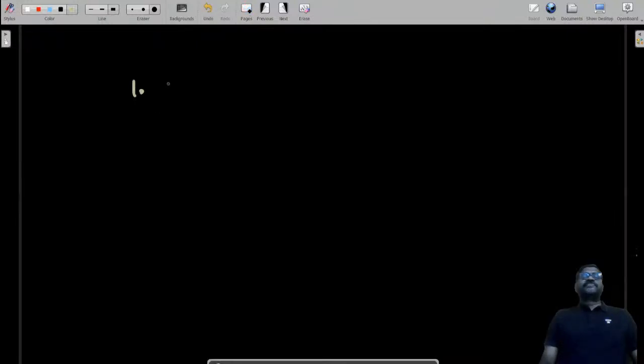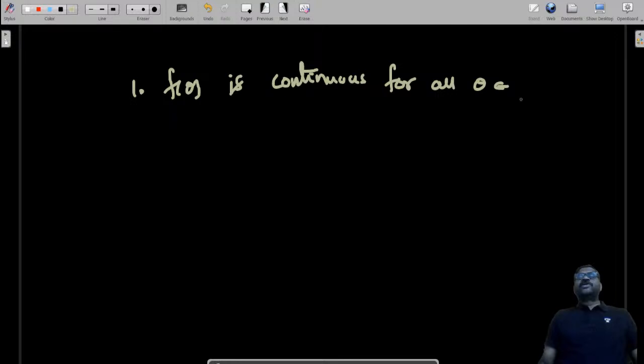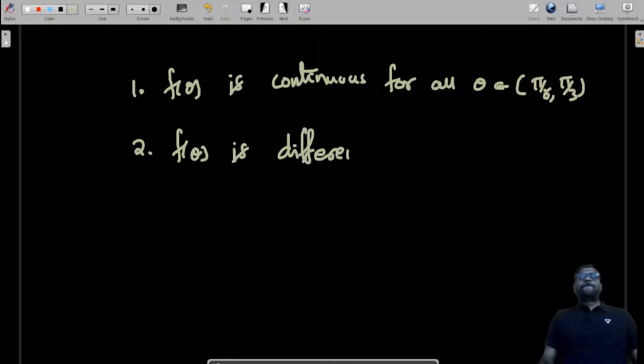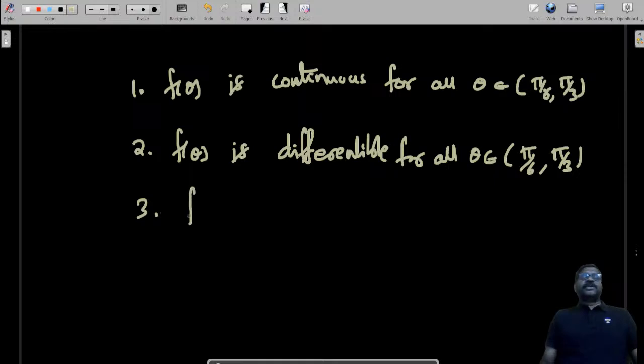First point: f of theta is continuous for all theta belongs to (pi by 6, pi by 3). f of theta is differentiable for all theta belongs to (pi by 6, pi by 3).